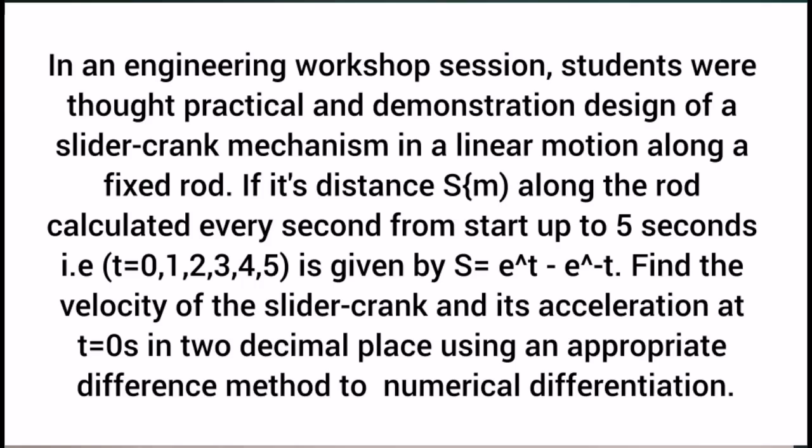Now let's consider this question. It says, in an engineering workshop session, students were taught practical and demonstration of a slider crank mechanism in linear motion along a fixed rod. If its distance x meters along the rod calculated every second from start up to 5 seconds, that is t equals 0, 1, 2, 3, 4, 5, is given by x equals exponential t minus exponential minus t.